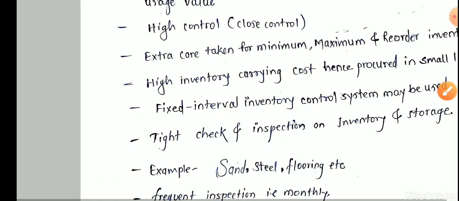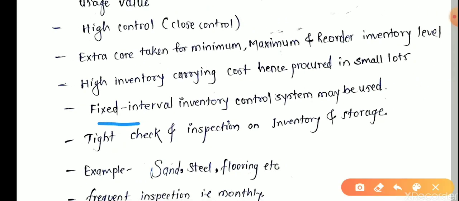Now, fixed interval inventory cost systems may be used. Periodic inventory means we give a particular time or frequency to the company which supplies these items to us. Means after 3 years you send me this amount of cement bags.